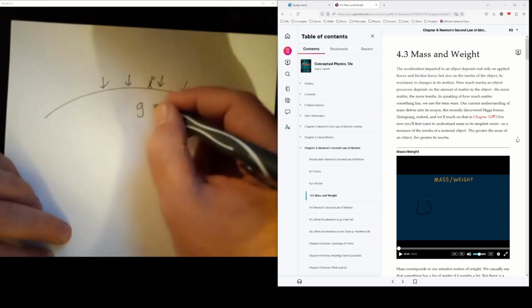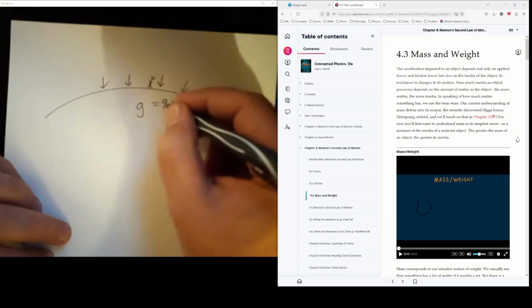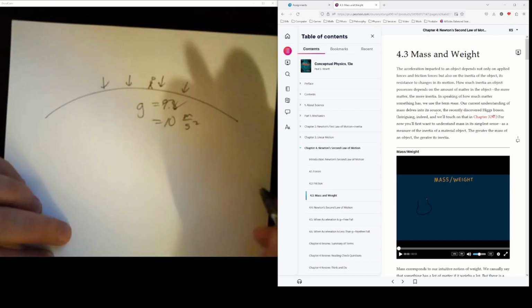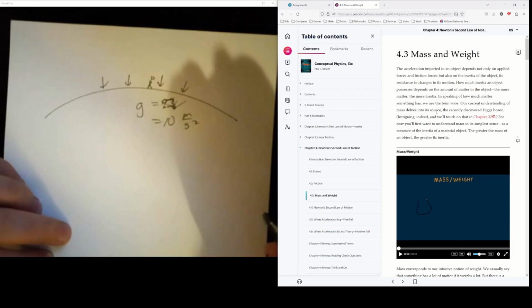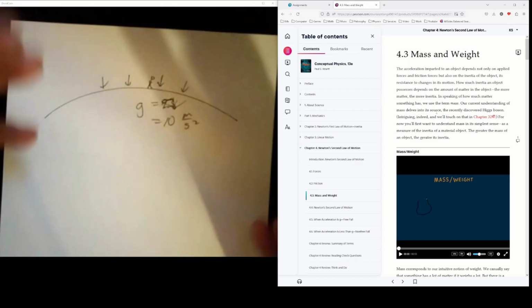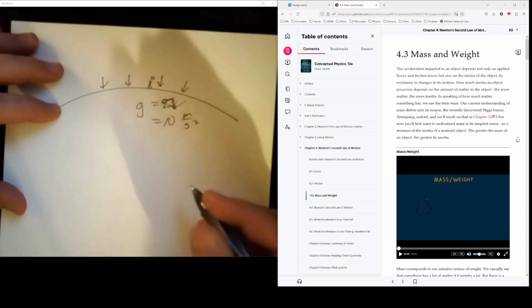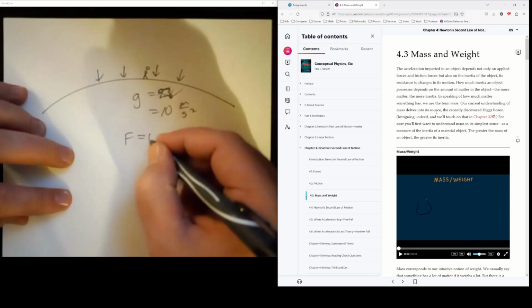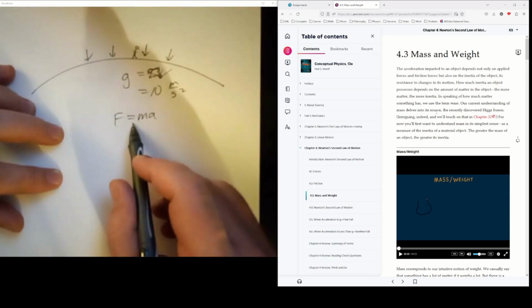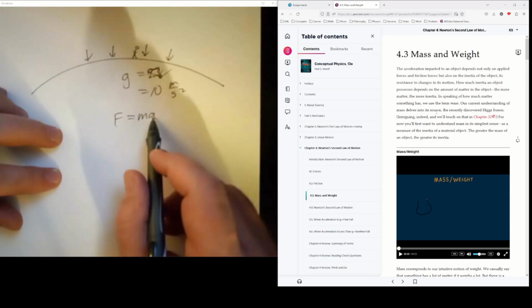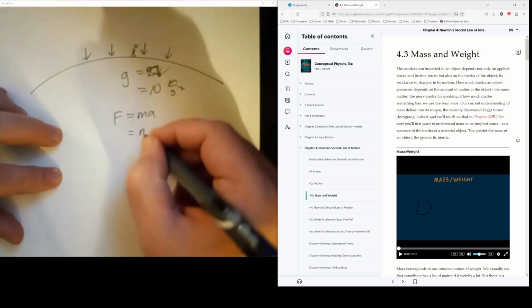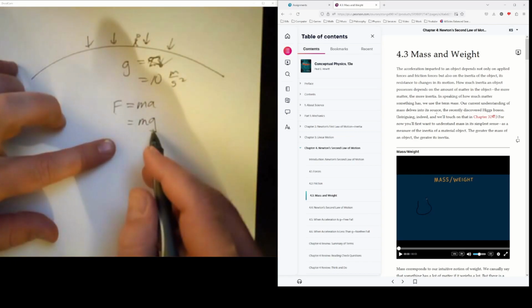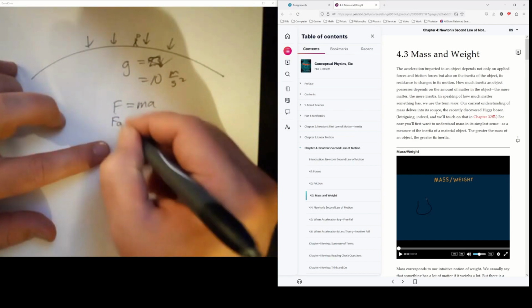And we call that g, 9.8, or for us, it's 10 meters per second squared. And that force you feel from the gravitational field, so Newton's second law is that force equals your mass times acceleration. Well, if this acceleration is due to gravity, then this is the force from gravity.